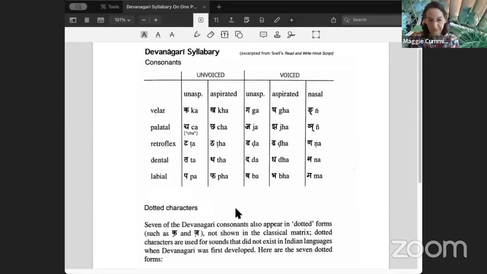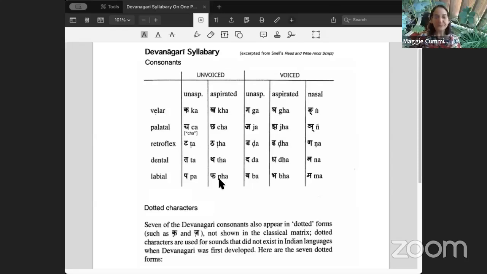So pa, pa, pa, ba, ba, and ma. Okay, I heard like six different letters. Try again. Pa, pa, ba, ba, ma, ma. Good. I'd like to hear a little more aspiration on the aspirates. Can you try pushing it out more?